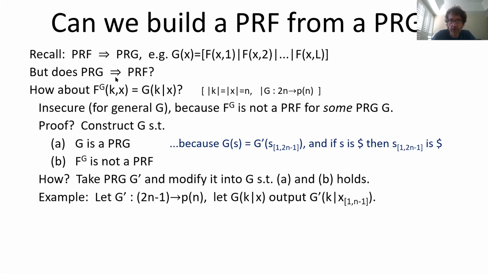It's a key, so it's randomly chosen. But this part of the seed is not random. Adversary decides it, right? Remember, here is the challenger who picked K, and adversary sends any X it wants and gets to see Fk of X.